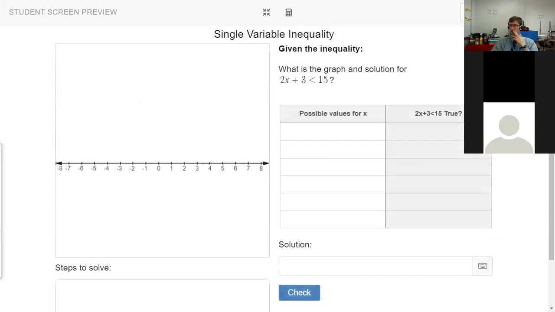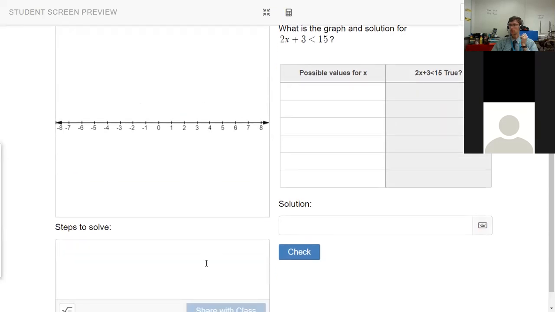All right, let's look at slide 8. What did you guys do? Did anyone start with solving it? Who solved it? Ian, did you solve it or did you start with plotting points?